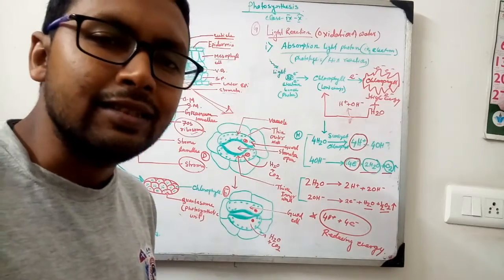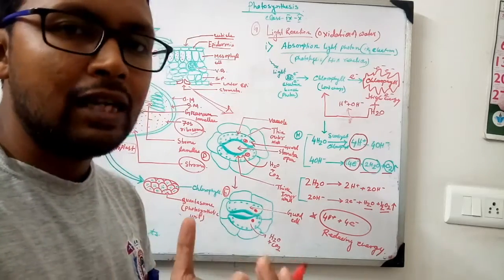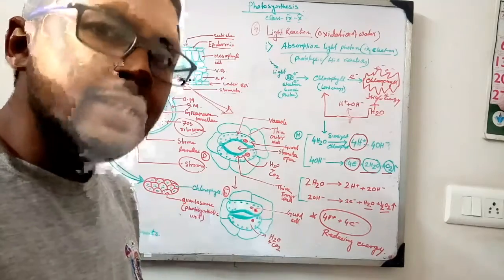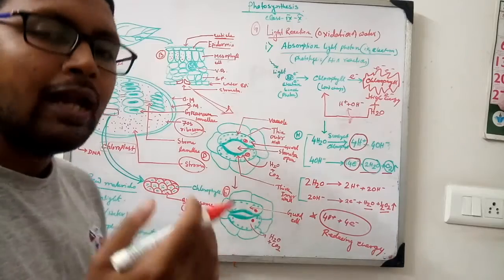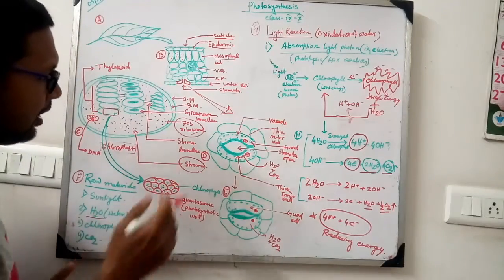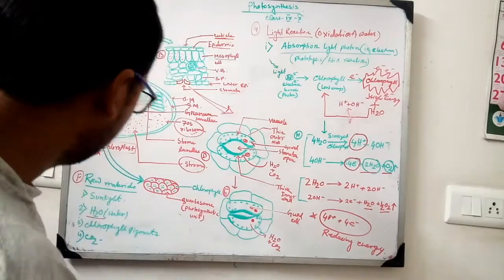Dark reaction is nothing but the formation of glucose. It is independent of sunlight and occurs anytime. But in the grana lamellae, the light reaction occurs, so the light reaction depends on sunlight. So grana lamellae and stroma lamellae are the most important things here.